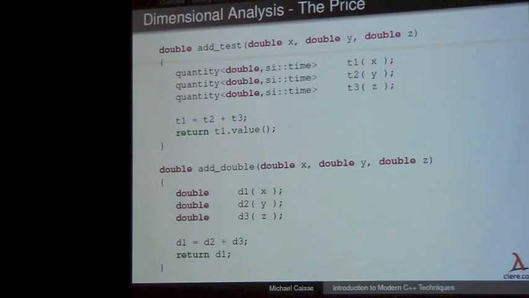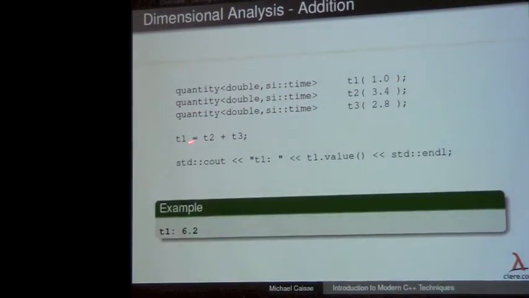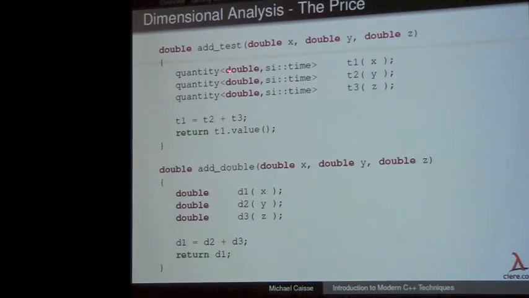Now we want to make sure that there's no price to this, right? We've shoved something into this wrapper, and we pulled the things back out of the wrapper. This was taking the t and returning t's. I'd really like to make sure that if I was doing this with time, this code should look identical to this code, just doing it with doubles. That's what I would like to know. If I just do this with doubles, do I get the same thing?